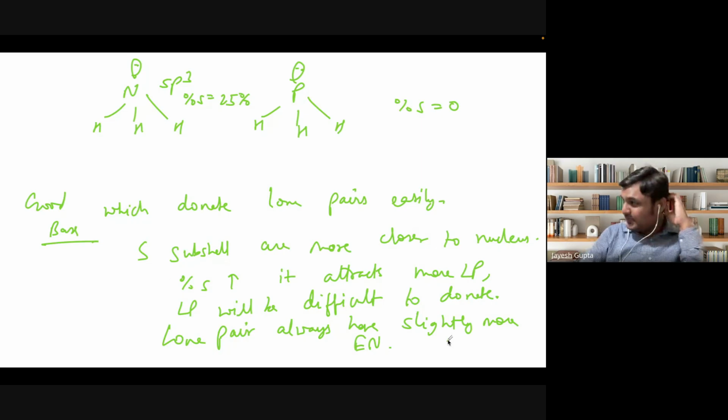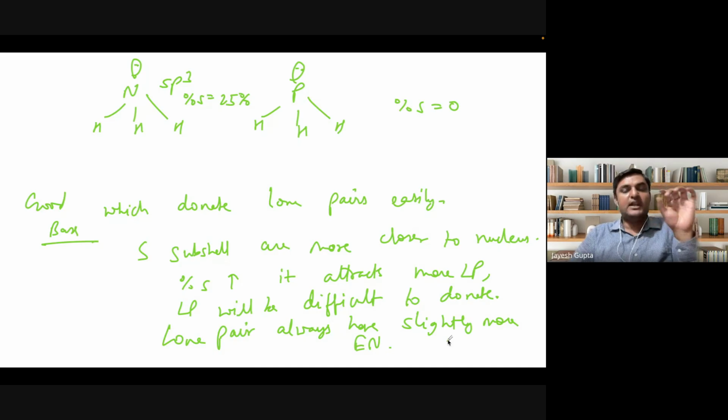So if I talk about PH3, they all have perfect 90°, 90°, 90° angles. And the lone pair: if I talk about phosphorus, the percentage S is 0.